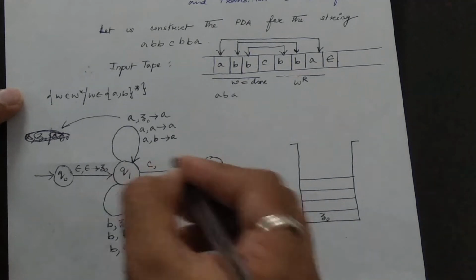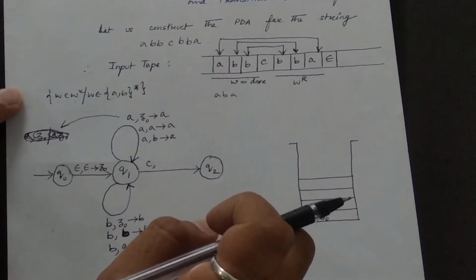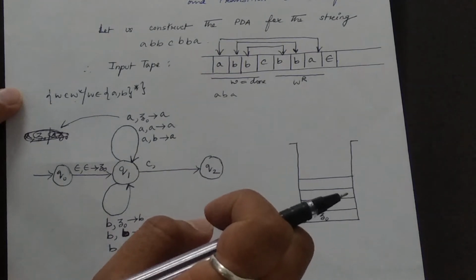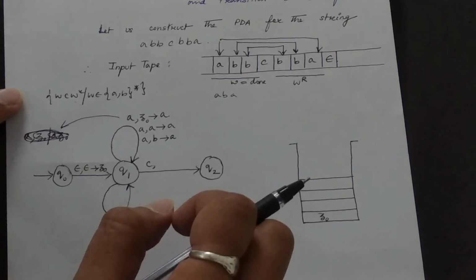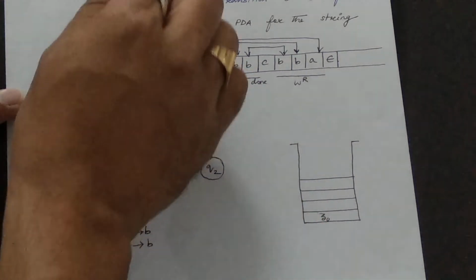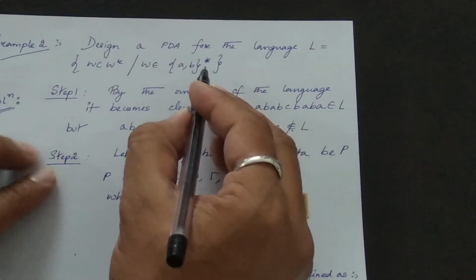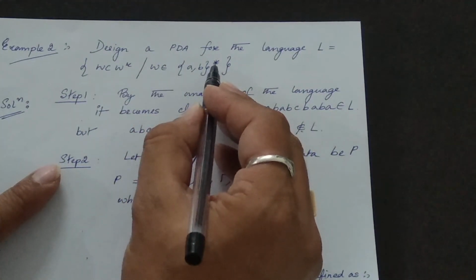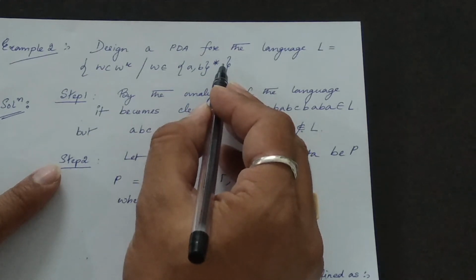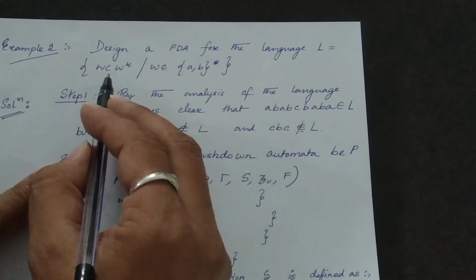On seeing C, how many cases are there? You can pause the video and think how many cases for C now. C can be of 3 cases. One case is what I have already told you: if the string W belongs to A comma B to the power star, and if the star is 0, that means the string will be only C, correct?